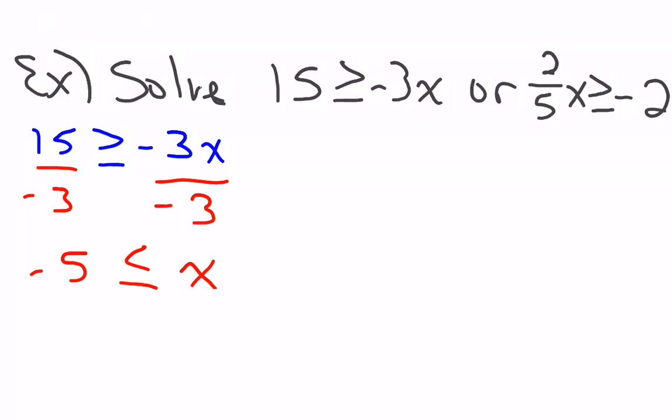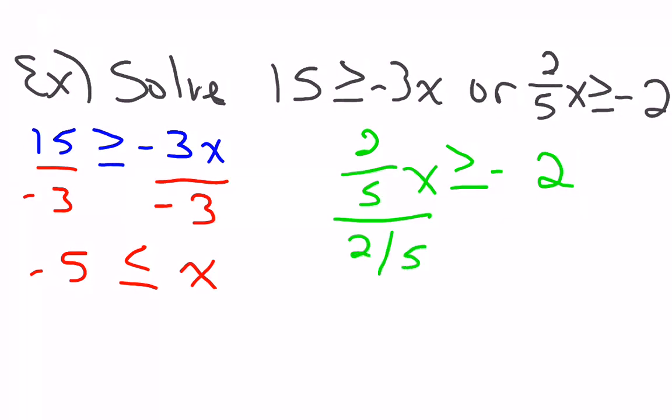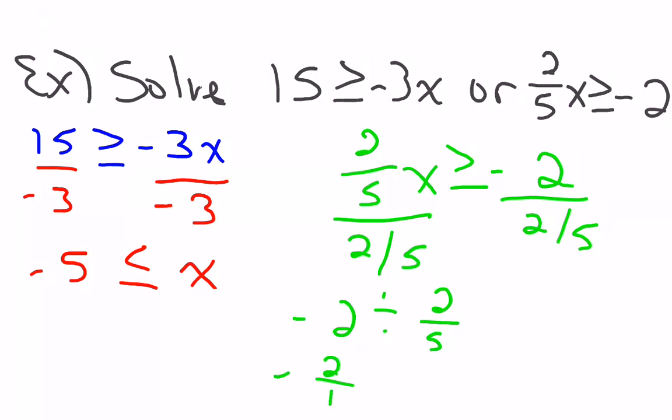All right, let's take a look at the other one. We have 2/5 x greater than or equal to negative 2. We can do this a couple different ways. It's 2/5 times x, so we can divide both sides by 2/5. So we have negative 2 divided by 2/5. Remember, we can write any whole number like a fraction by putting it over 1.